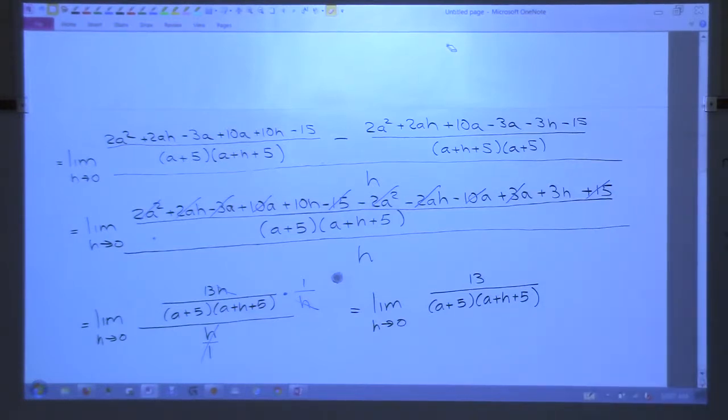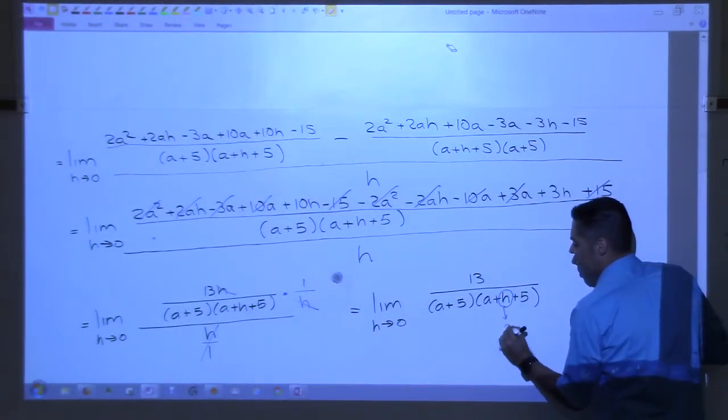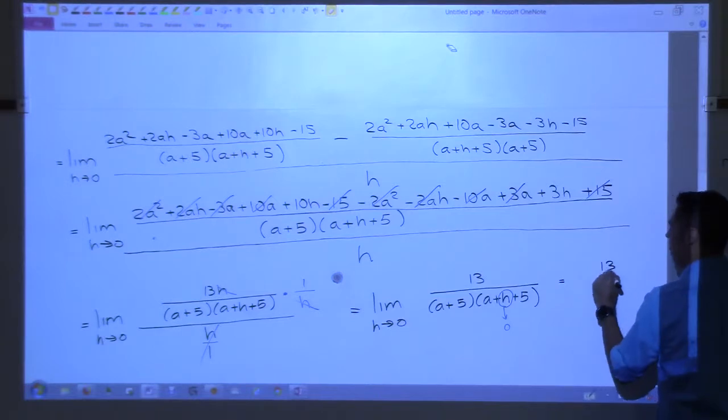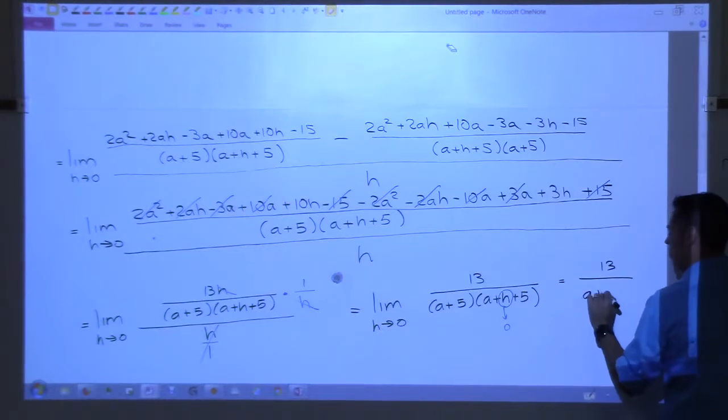There it is. Now, let h go to 0. That piece right there is going to go to 0. So the only thing left is a 13 on top, and then a plus 5 times a plus 5, which is a plus 5 squared.